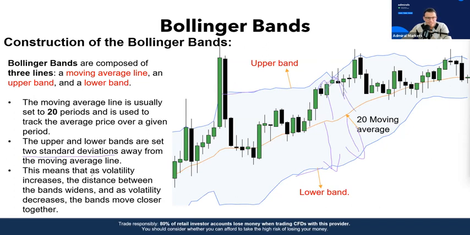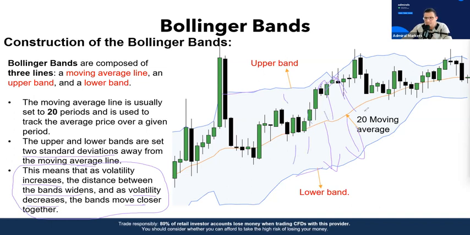This means that as volatility increases, the distance between the bands widens. This is very important for the Bollinger Bands itself. Please note it down. As the volatility increases, the distance between the bands widens, and as the volatility decreases, the bands move closer to each other. They contract.